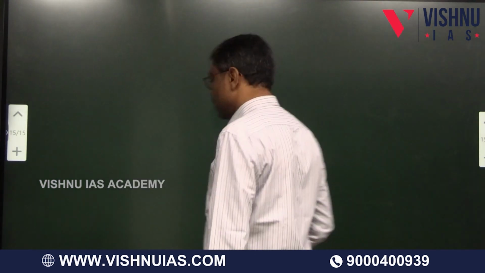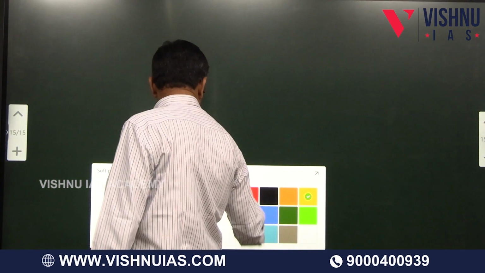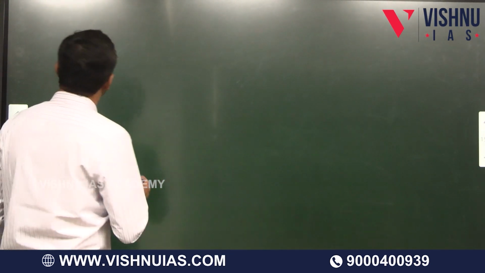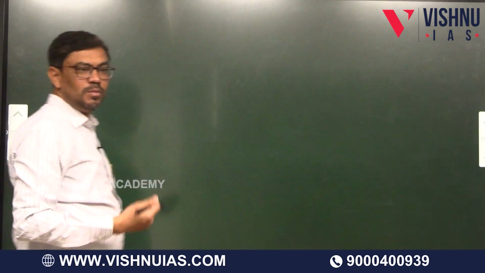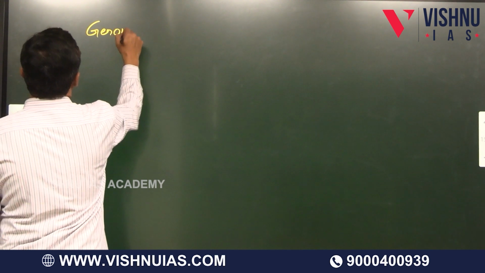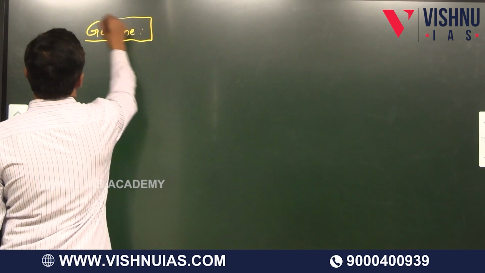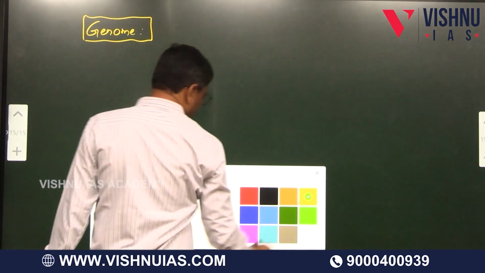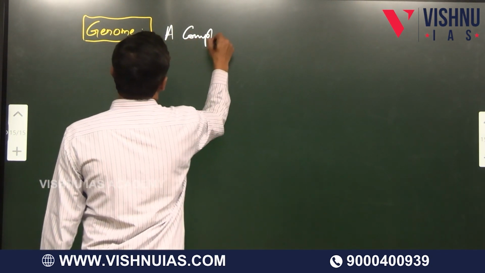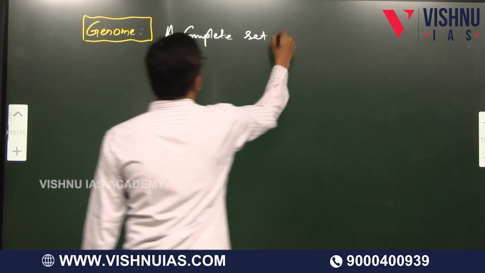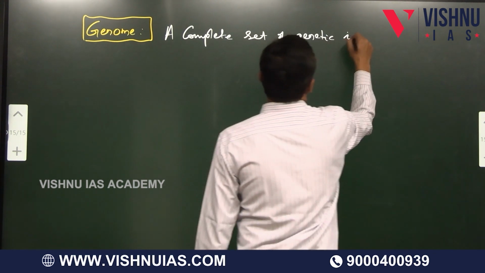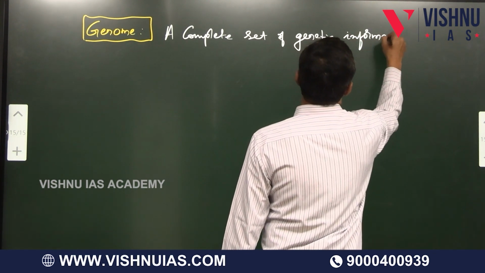The next topic is, before going to genetic engineering, you have to remember some other terminologies like genome, chromosome and gene. Okay. So let us see genome. What is genome? Genome means a complete set of genetic information of an organism.